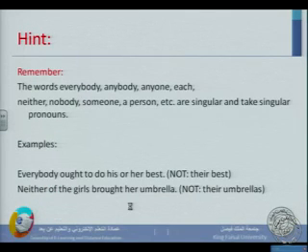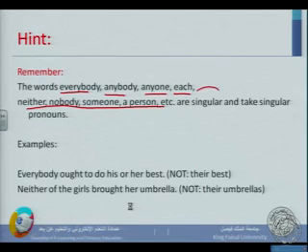I want also to remember that في عندنا كلمات مثل everybody, anybody, anyone, each, neither, nobody, someone, a person, هذه كلها تعامل معاملة المفرد, singular. فلذلك الضمير اللي لازم يرجع لها should be also singular.